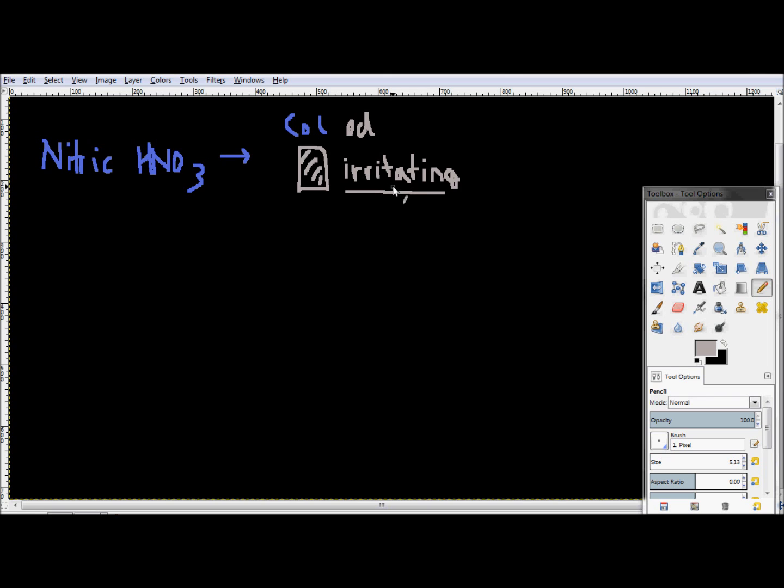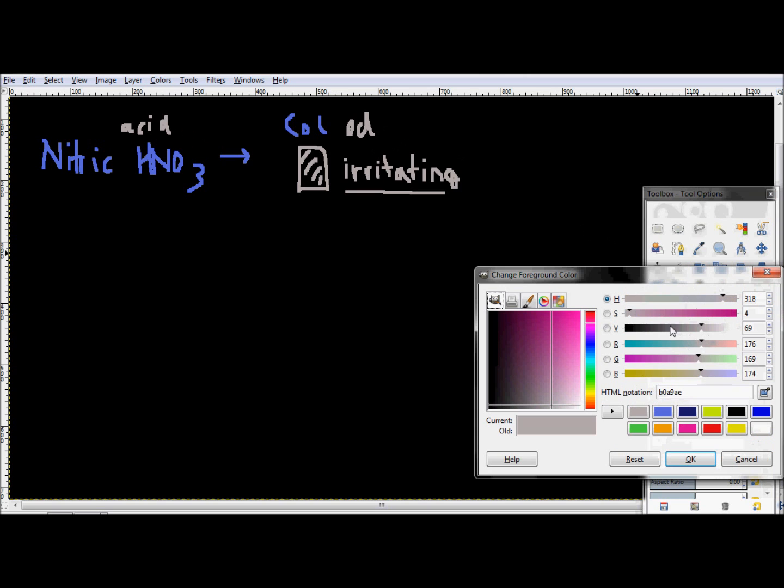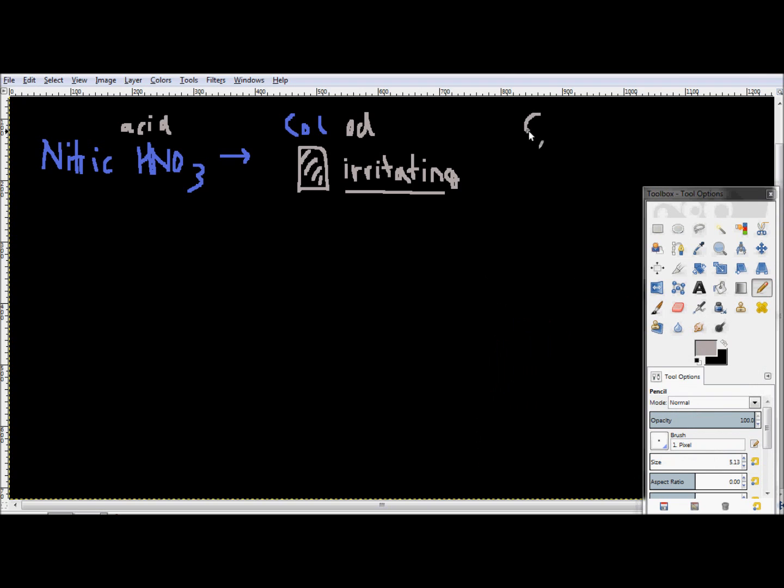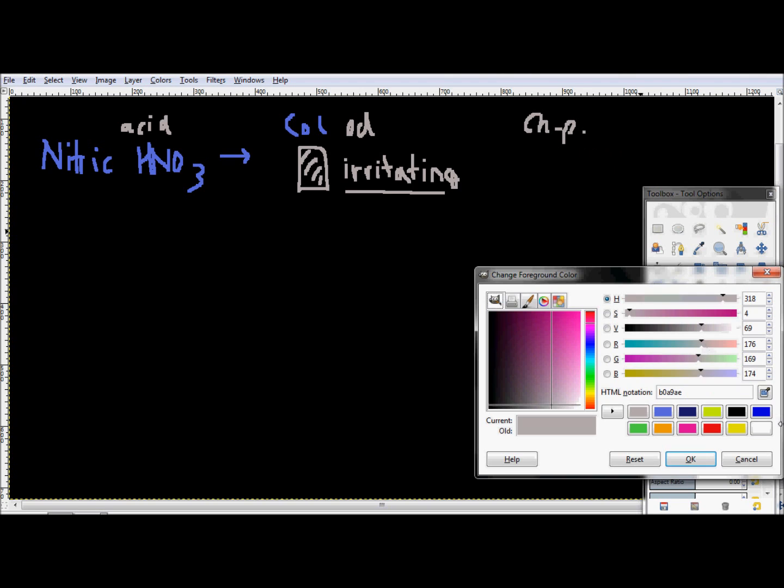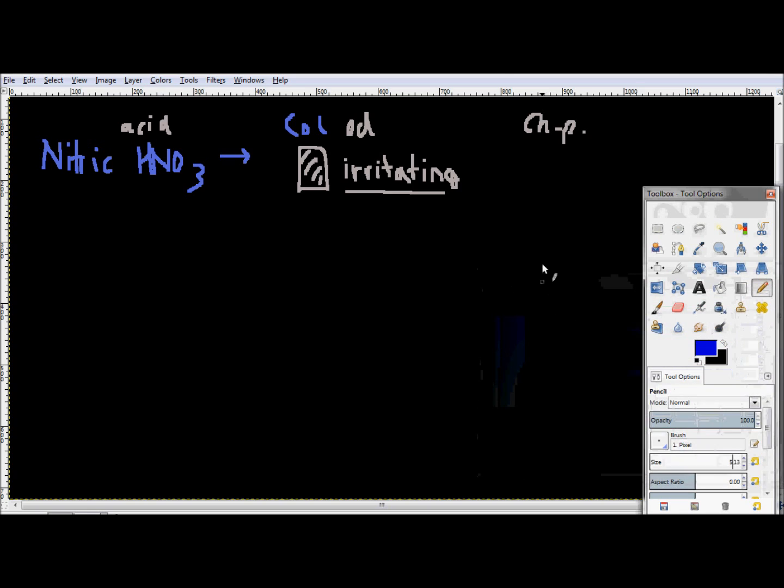It is acidic because it's nitric acid, of course. This is nitric acid. So as you would be familiar with it by now, chemical properties. Since it's acidic, it turns blue litmus, moist blue litmus, remember that.